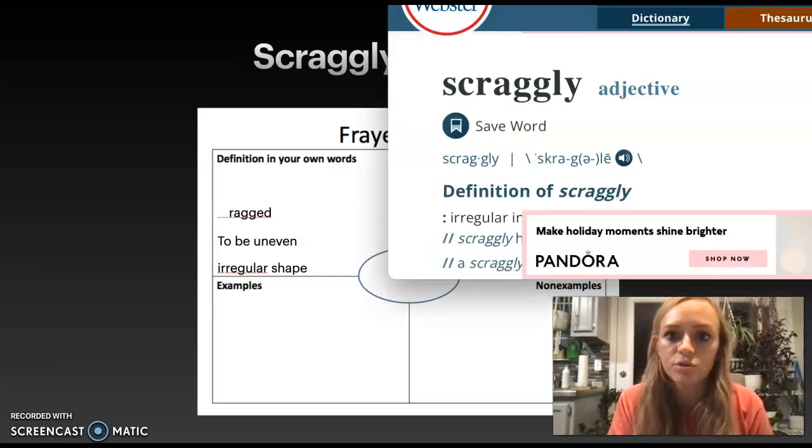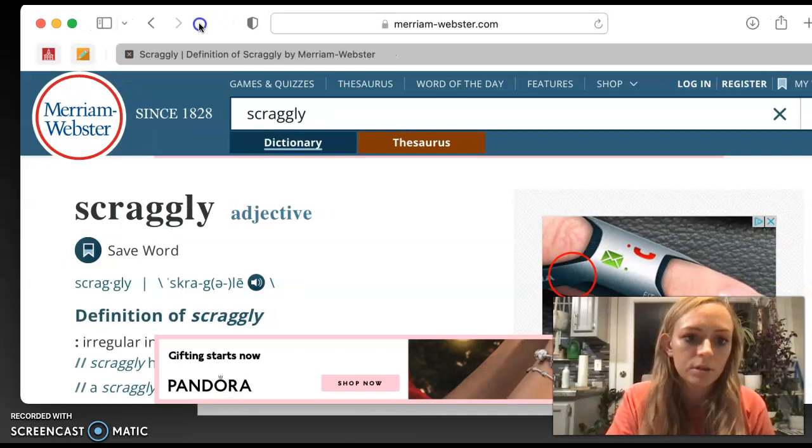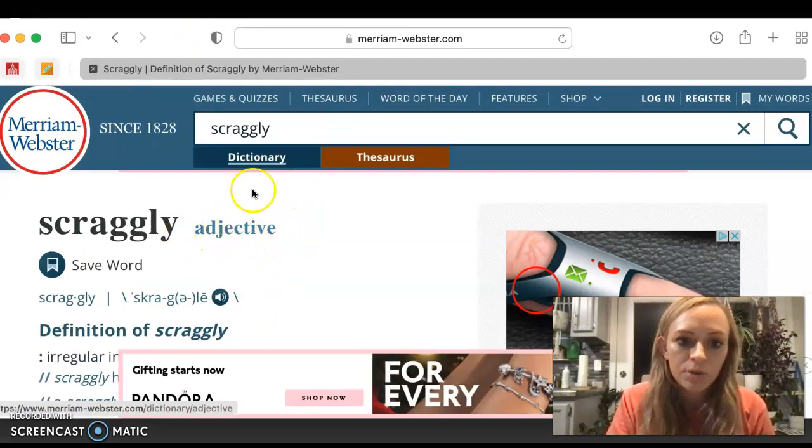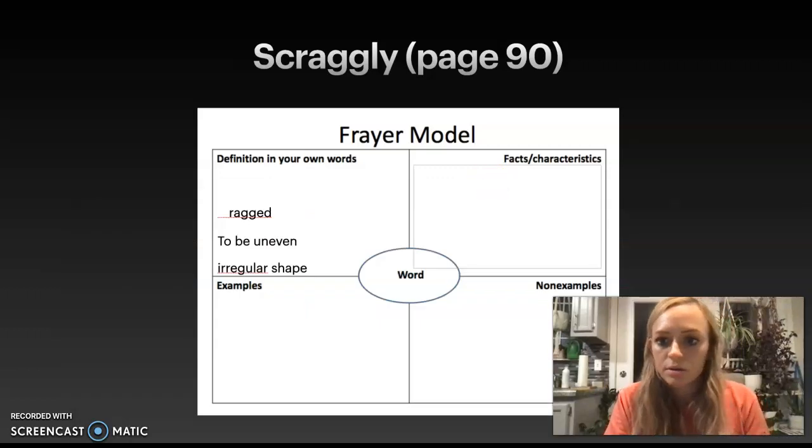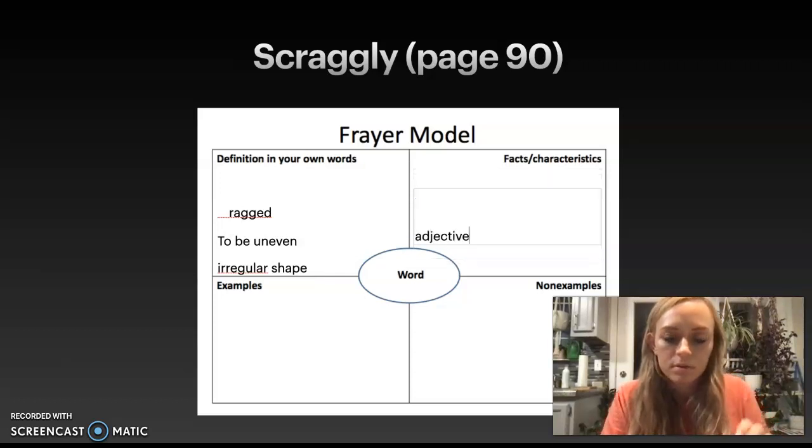Let's go back to Merriam-Webster. And look, we know that it's an adjective. So we can put in here that it is an adjective. Okay?